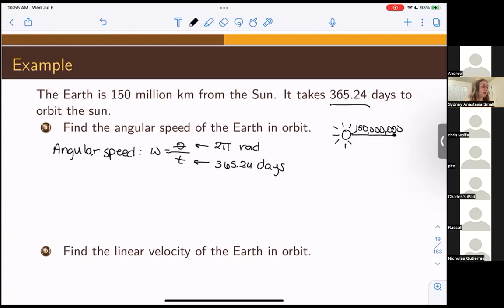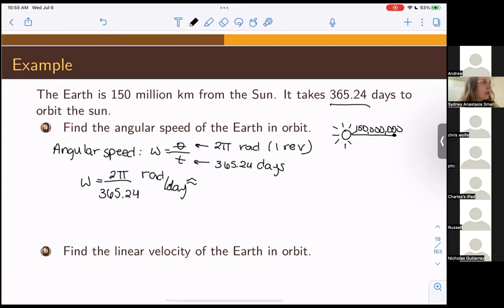So for every 2 pi radians, the Earth travels around the sun. In other words, for every 1 revolution, it's 365 days. So we know that omega is equal to 2 pi radians over 365.24 days, which if you plug this into your calculator, is approximately 0.01720 radians per day.